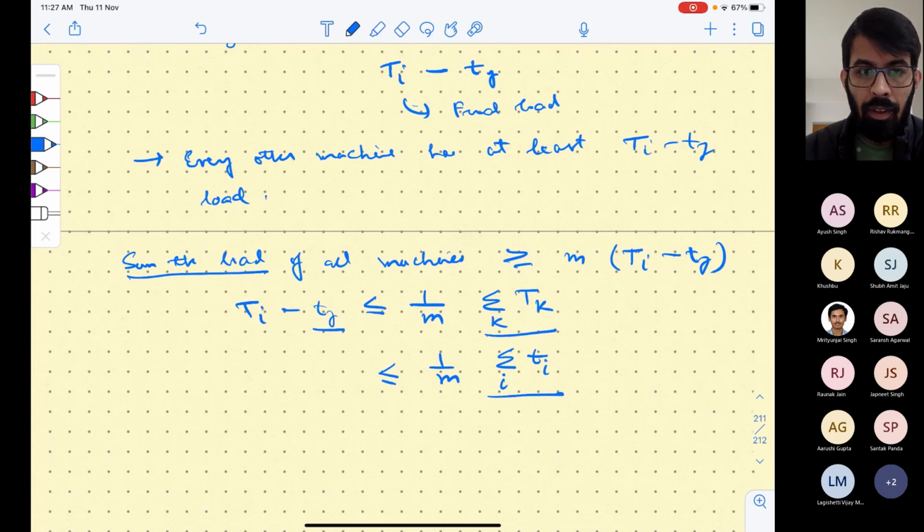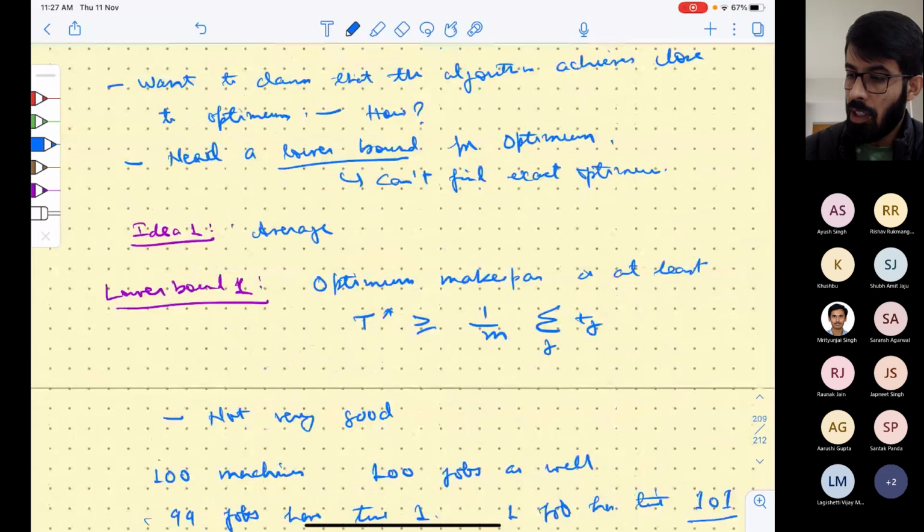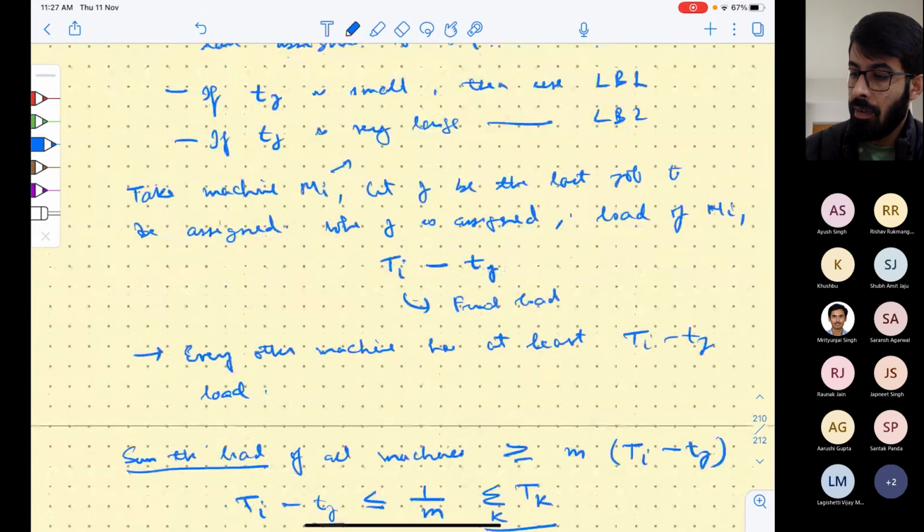And what do we know about this quantity from lower bound 1? What does lower bound 1 say? That this quantity is at most T star.